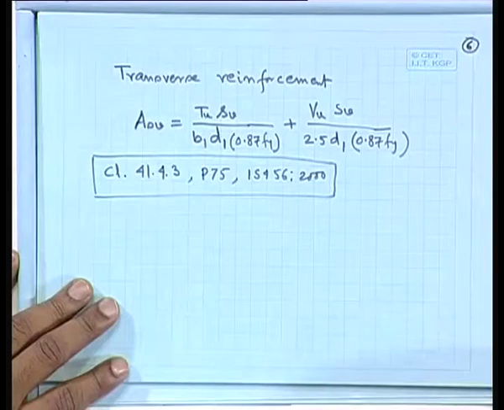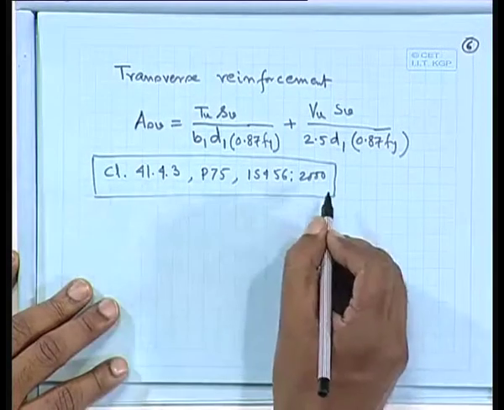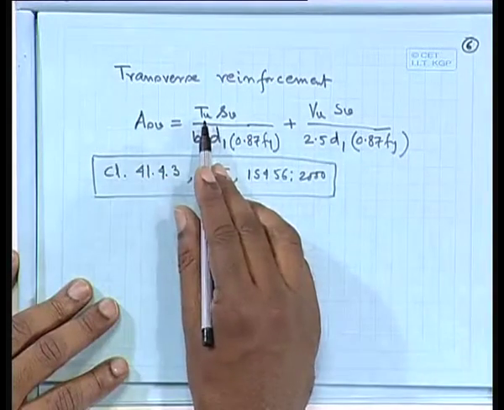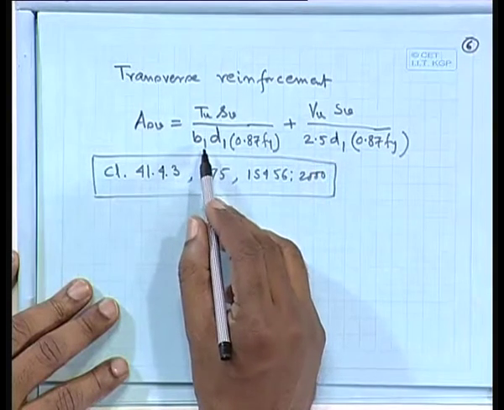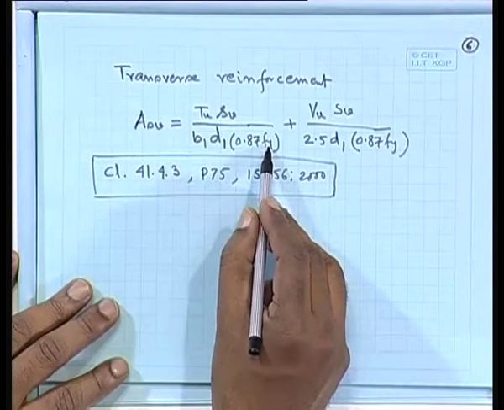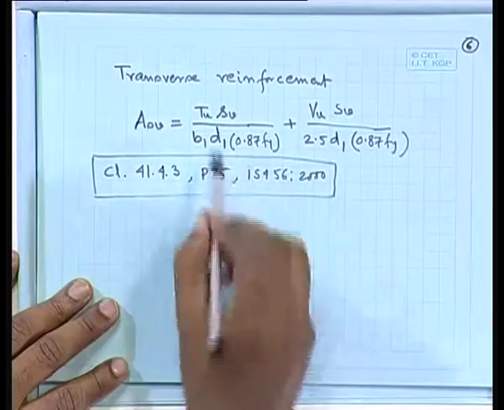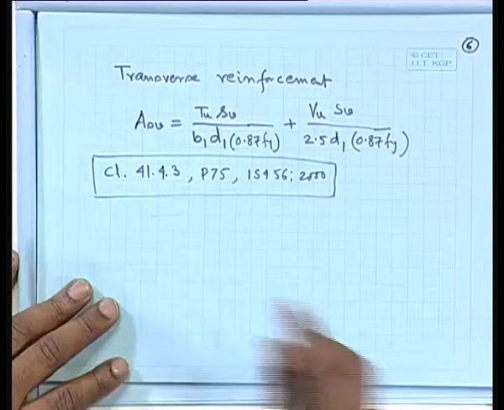What we shall do here is find out Asv, that means I know Tu, I know Vu, b1, what is b1? fy we know, say Fe 415, so 415 Newton per square millimeter. Tu is the torsional moment.